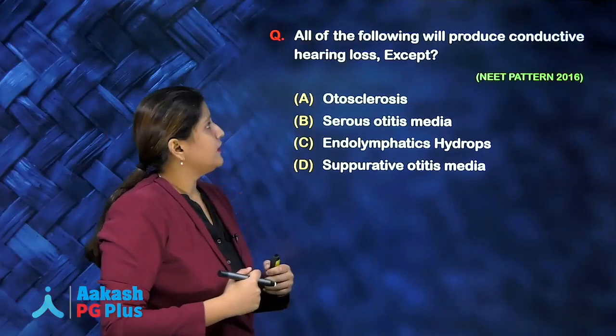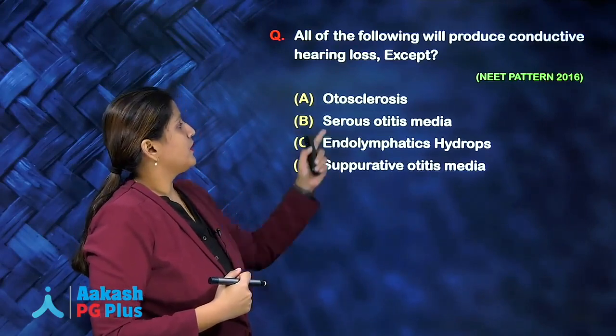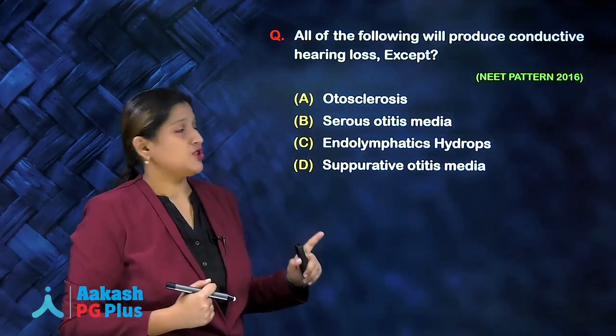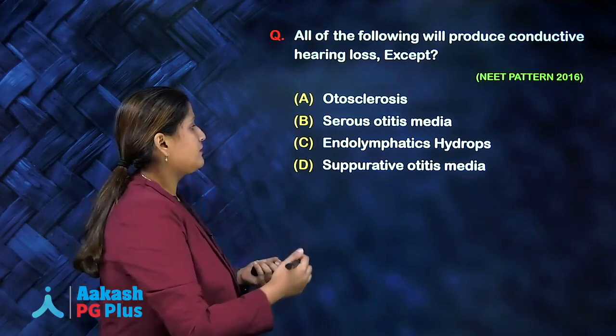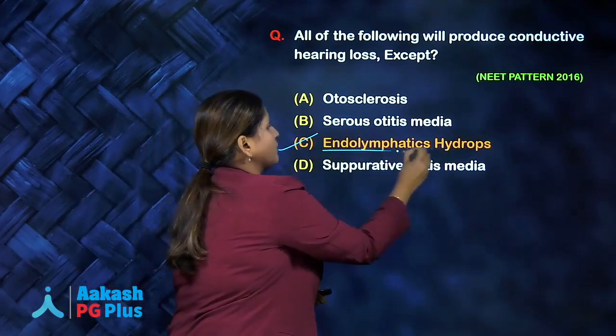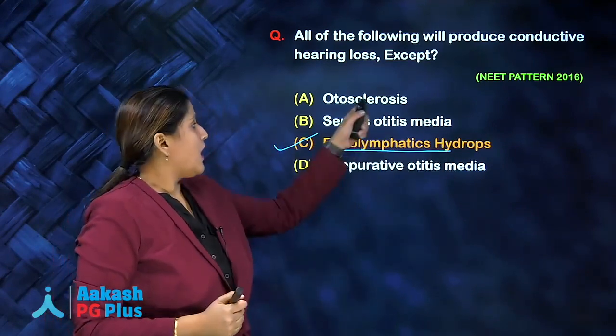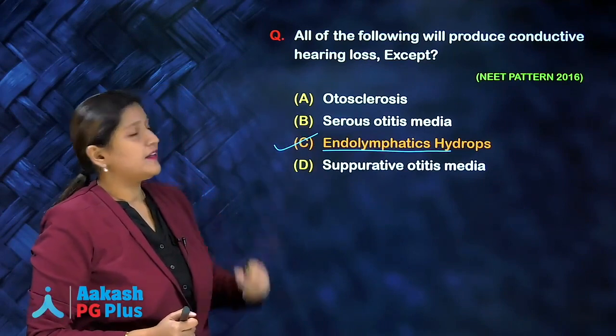All of the following will produce conductive hearing loss except, it is a very easy question and the answer is endolymphatic hydrops, which causes sensory neural hearing loss. Others are causes of conductive hearing loss.